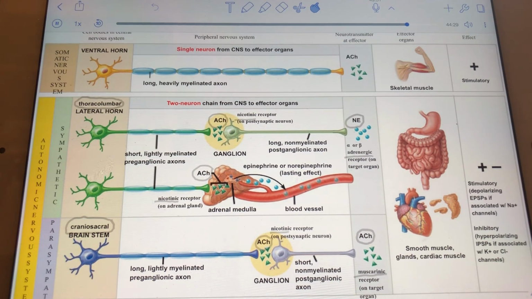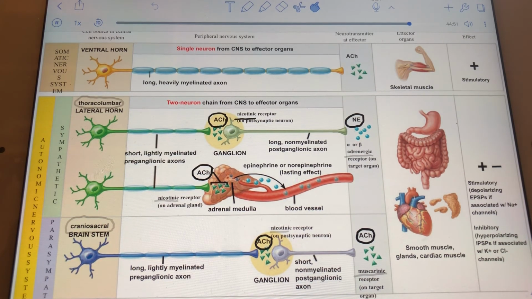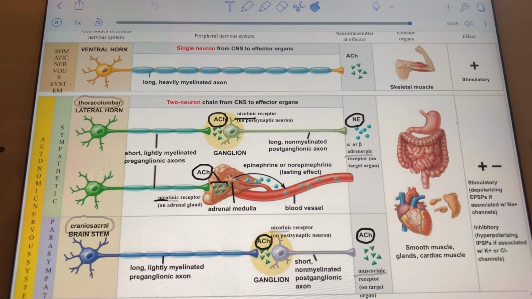Someone has gone through and has specified for you not only which neurotransmitter is being secreted by the preganglionic neuron, and which by the postganglionic neuron, but also what type of receptor is borne on both the postganglionic neuron and the effector.